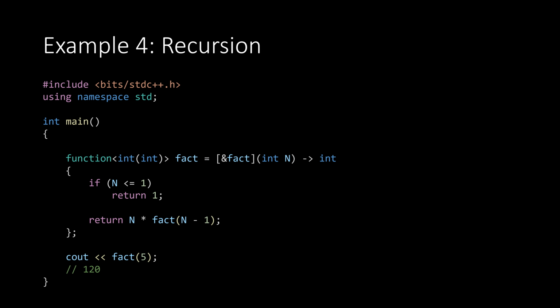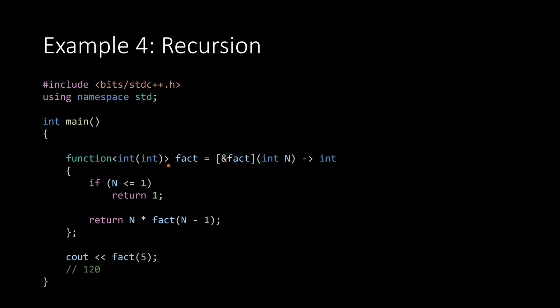Another way: if you don't want to pass the parameter, you can use this method. Here, instead of using an auto variable, I'm using the function keyword. The syntax for this function: within the angular bracket is the return type. Here the return type is integer, and within this I open the functional bracket. Within that, I give the data type of the parameters.